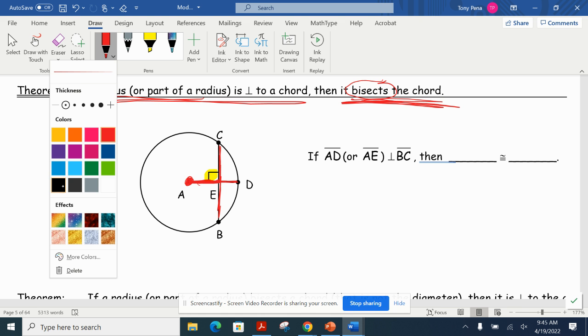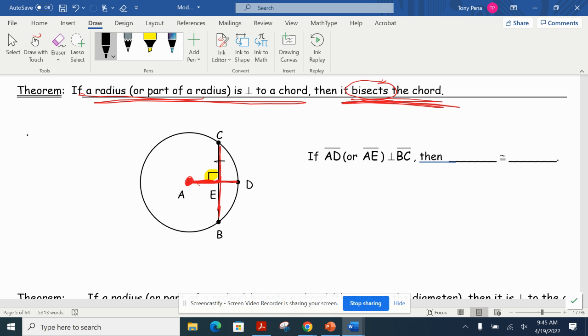So what we did back when we were doing all of these, that means this segment here and this segment here are congruent. The little tick marks indicate that those are congruent segments. So ultimately, you don't need to write the numbers in, but if this was a 6, then we would know for a fact that this was a 6. It gets cut right in half. What you're going to fill in here, though, are the segments that are congruent.